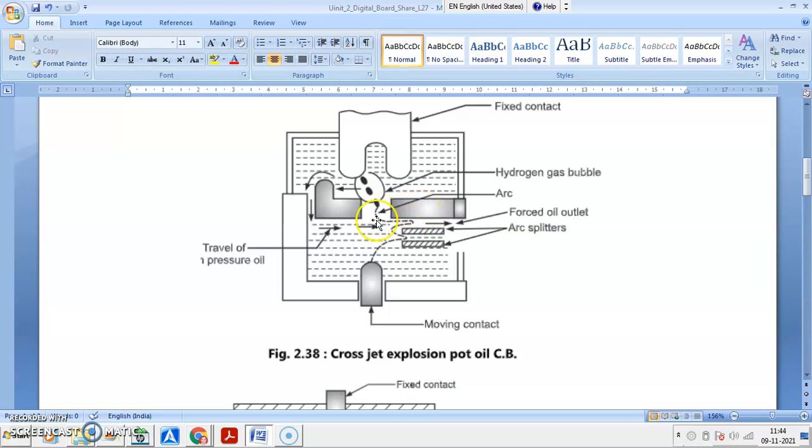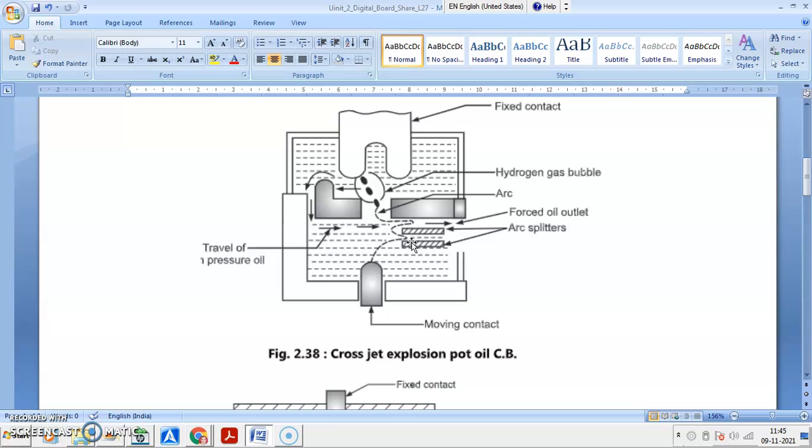The arc is struck between the fixed and moving contact. This is the elongated arc, and here the arc splitters are provided. Cool oil travels under high pressure, provided in the chamber. So this is a modification of the earlier plain oil case.